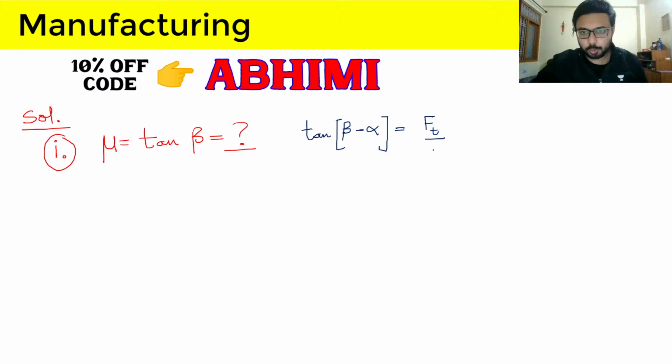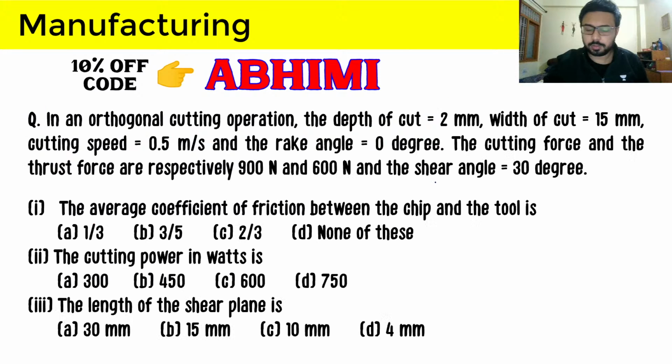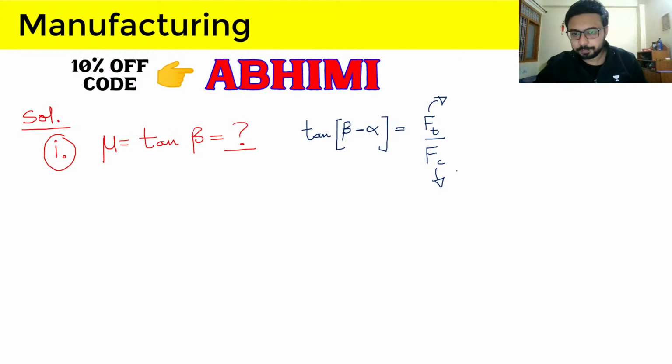So it is the ratio of Ft and Fc, where Ft is your thrust force, Fc is your cutting force, and in the question, thrust force is given as 600 and cutting force as 900.